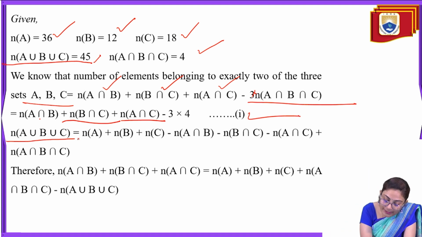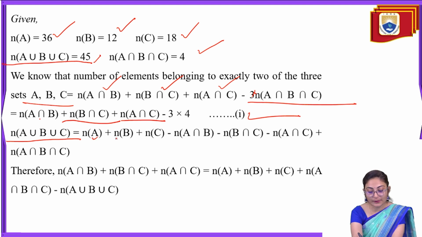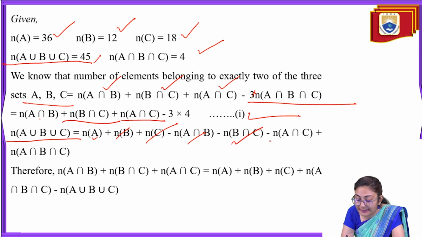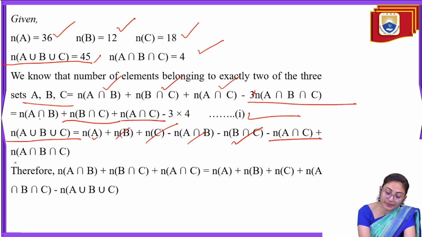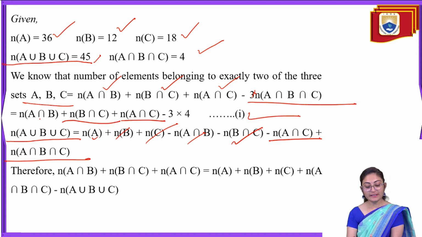Now N of A union B union C is equal to N of A plus N of B plus N of C minus N of A intersection B minus N of B intersection C minus N of A intersection C plus N of A intersection B intersection C. Therefore, we can equate this formula.